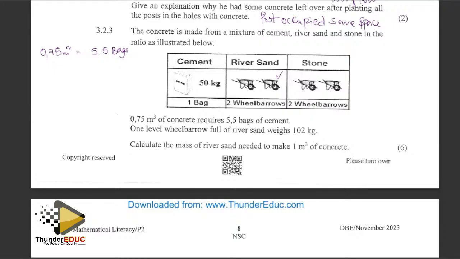yes, we shall say 1 bag gives you 2 wheelbarrows. See that? 2 wheelbarrows. Then what about if you have 5.5?